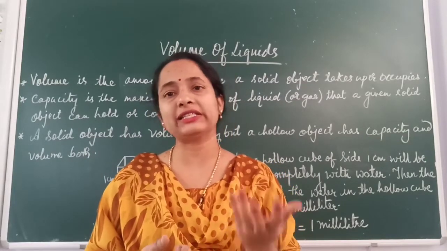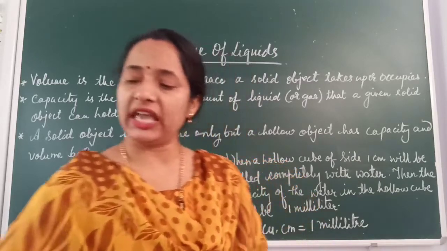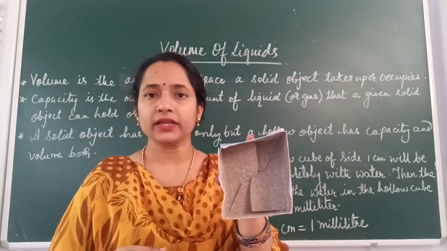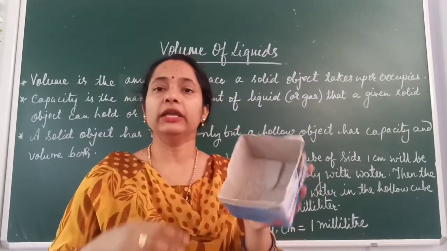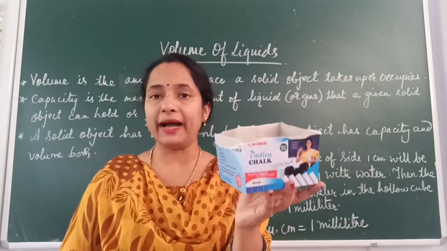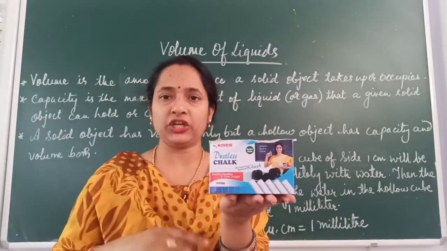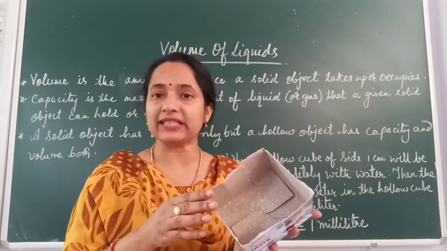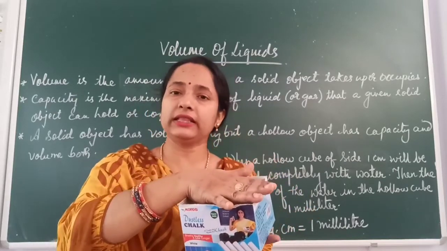Even suppose there is a hollow object, like here you see, this is hollow, means empty. The shape of the object is cuboid, and this cuboid is occupying some space in the room, whereas even this cuboid is empty, where we can fill anything inside it.